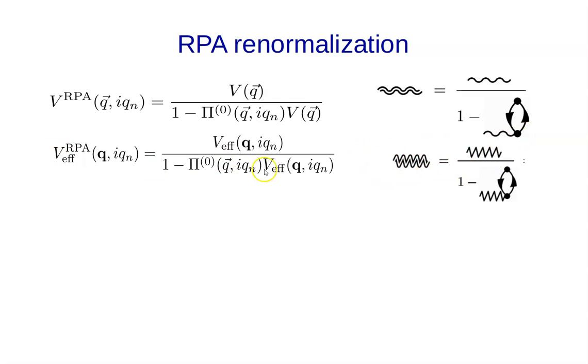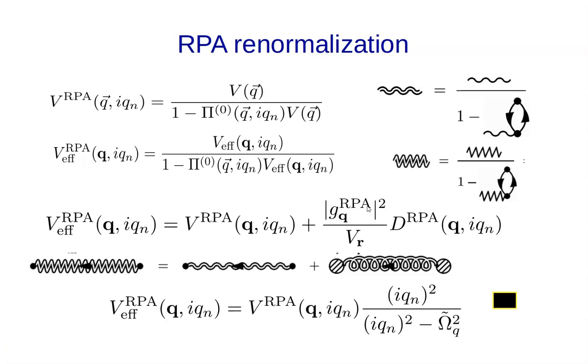So the equation that defines this effective interaction in the RPA approximation is similar to that, right? Just put the bare effective electron-electron interaction here, and I renormalize by this bubble diagram pi 0, which we already calculated.